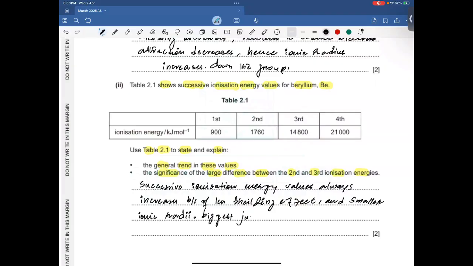Biggest jump exists between second and third, which indicates that the third electron is coming from the inner shell.